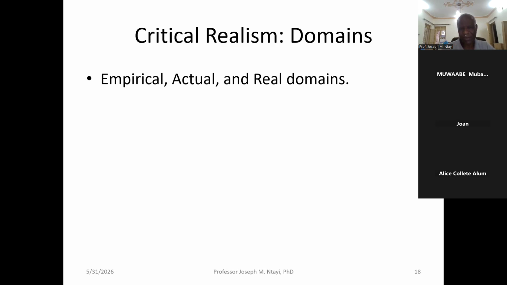So how do problems then emerge through critical realism, ladies and gentlemen? Of course, the problems will emerge when we can easily have what we call observable patterns.